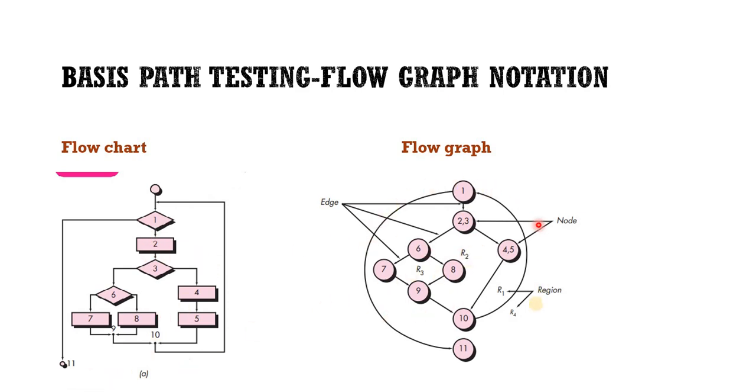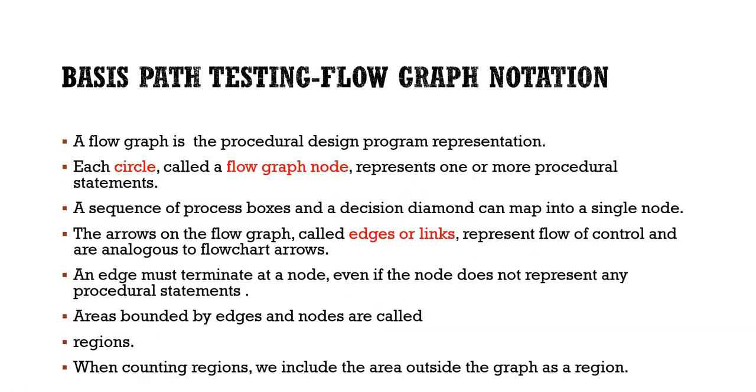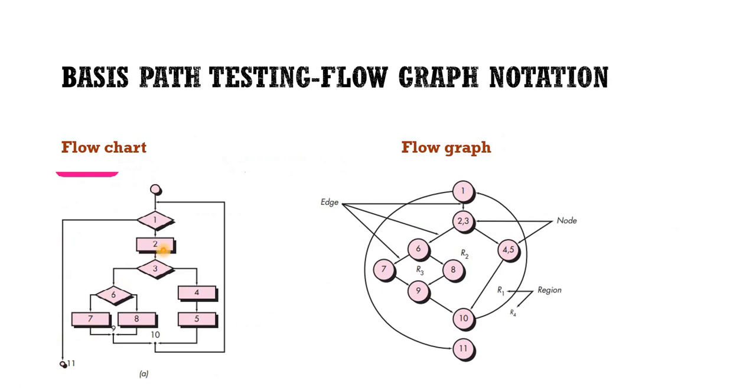It is a representation of control flow inside the program. And then we can map a decision statement as well as a sequence statement into a single node. As I told already, this is a sequence statement and this is the decision statement. Both are combined together as a single node.